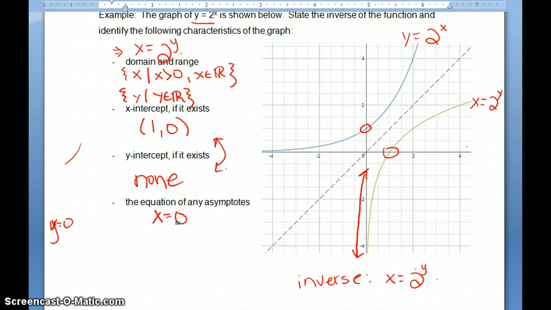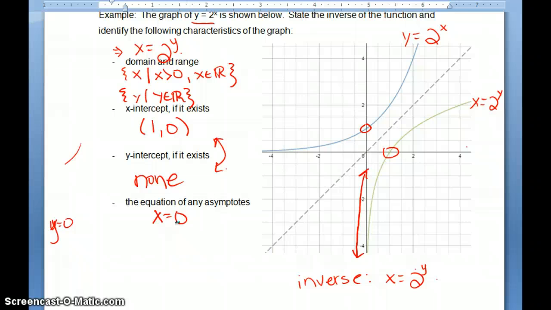Your inverse and your exponential form are basically the opposites of one another. When x was an element of all real numbers, after we took the inverse, your y values became all real numbers with no restrictions. Same with your x and y intercepts: those did a swap. So now we do have an x-intercept, and now we don't have a y-intercept, okay?